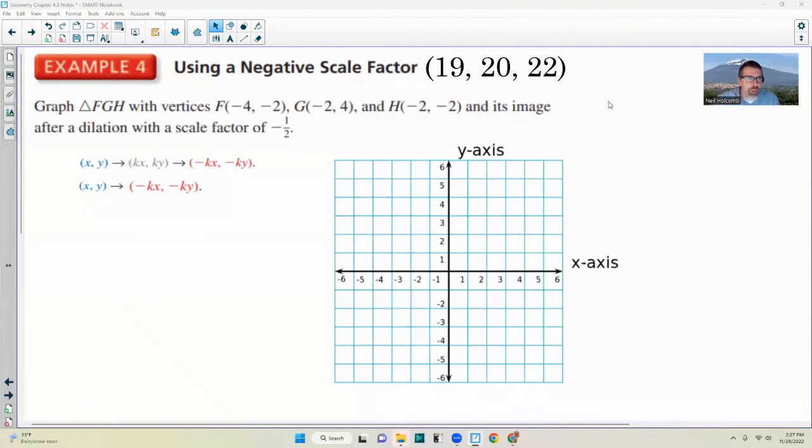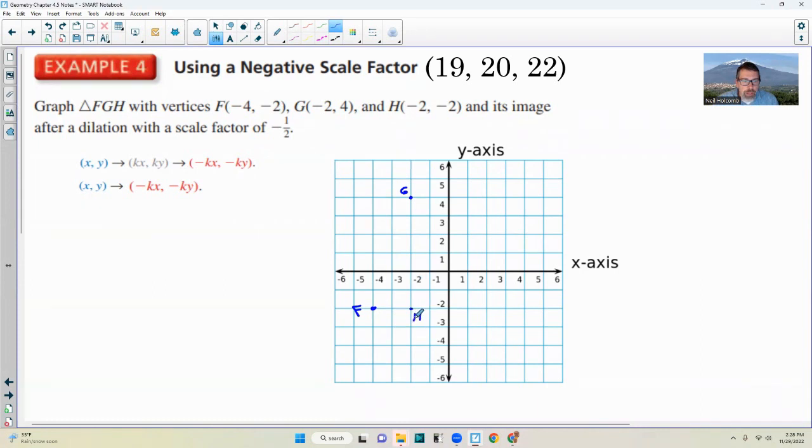Okay, example 4 is using a negative scale factor. So here's the example for that. It says graph the triangle FGH with these vertices. So let's do that. F is -4, -2, left 4, down 2. There is F. G is -2, 4, which is here. And that's G. And H is -2, -2.